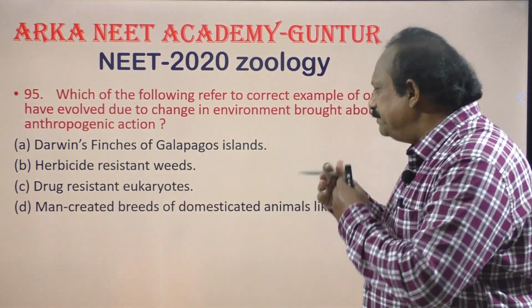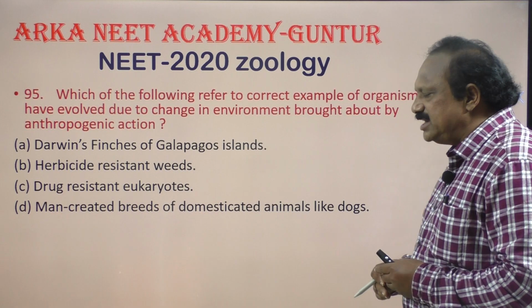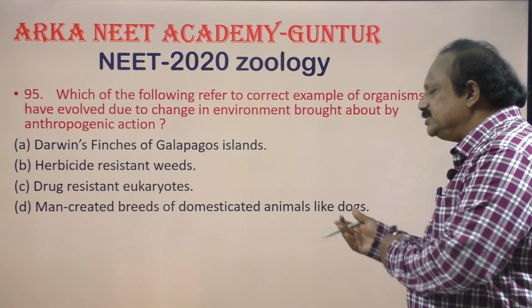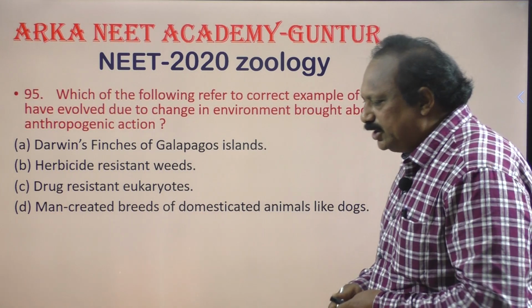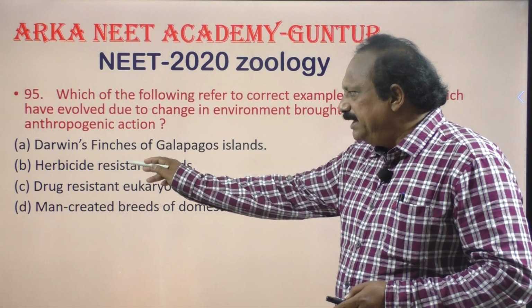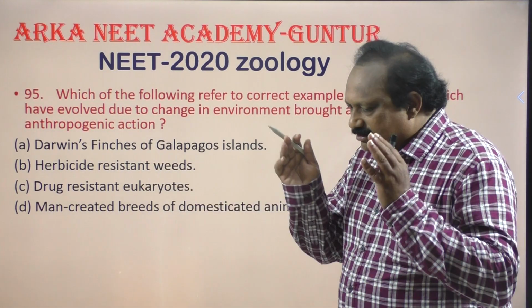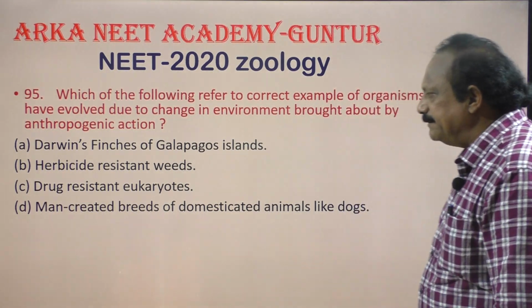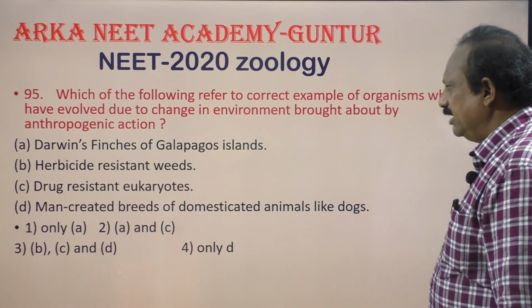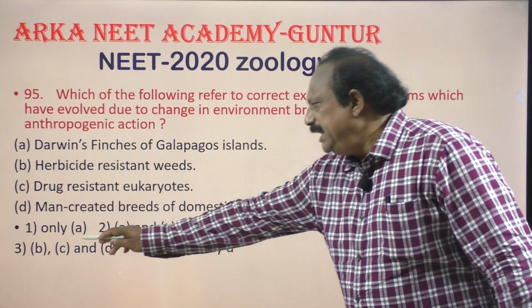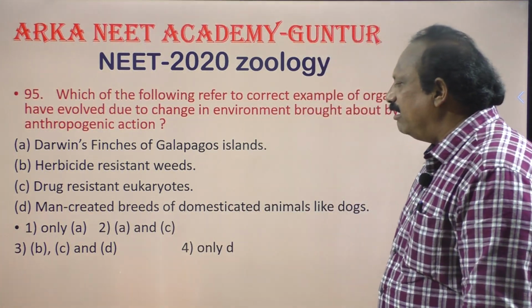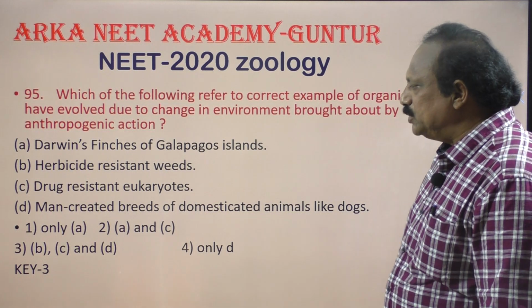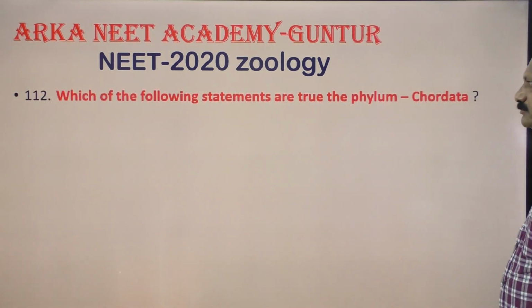Man created the breeds of the domesticated animals like the dogs. This is also due to human activity. Therefore, B, C, D are the examples for anthropogenic action. Now look at the options. Here B, C, D, these three are related to the anthropogenic. So therefore key is 3.